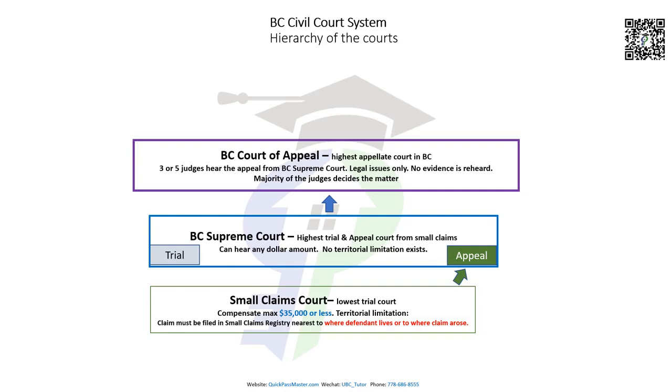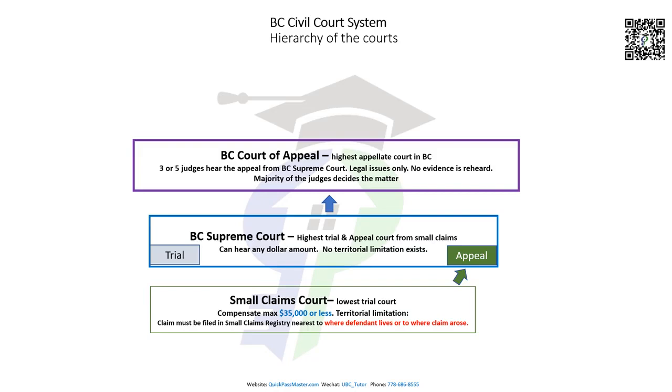Do you know why it's 3 or 5 instead of 2 or 4? That's because we want to break even. A majority of the judges decide the matter. The more judges there are, the more complicated the case is.